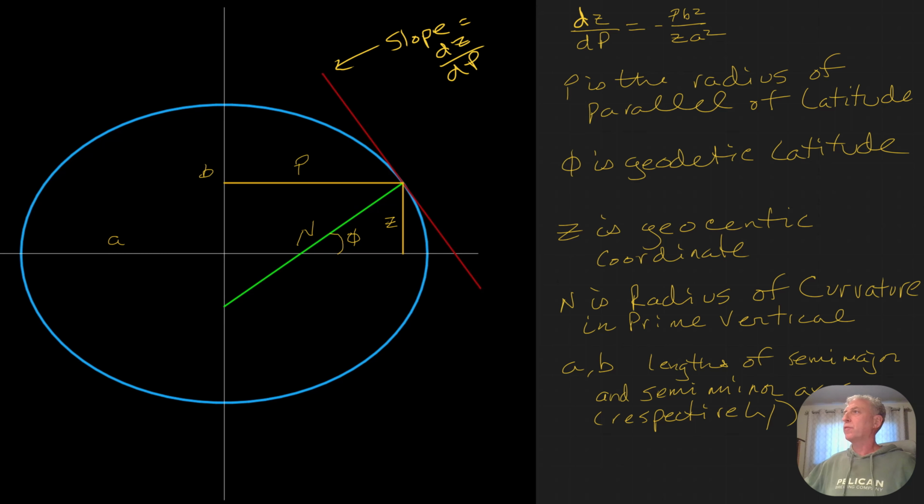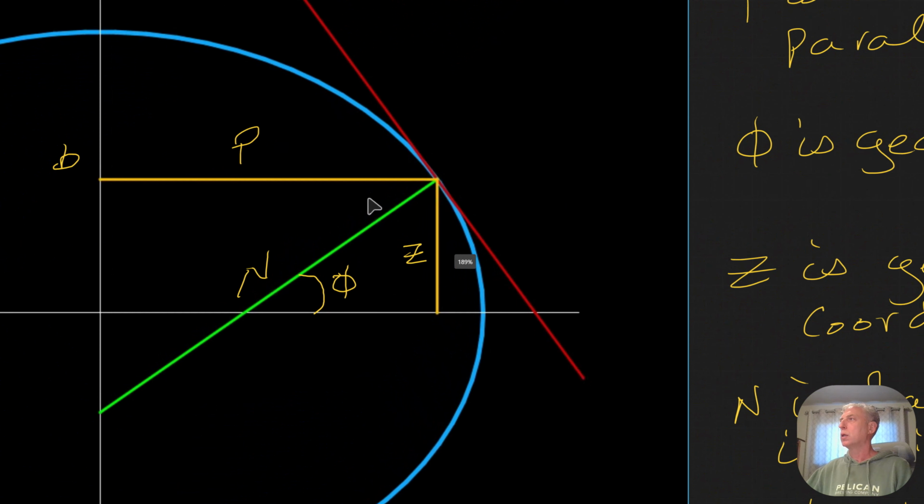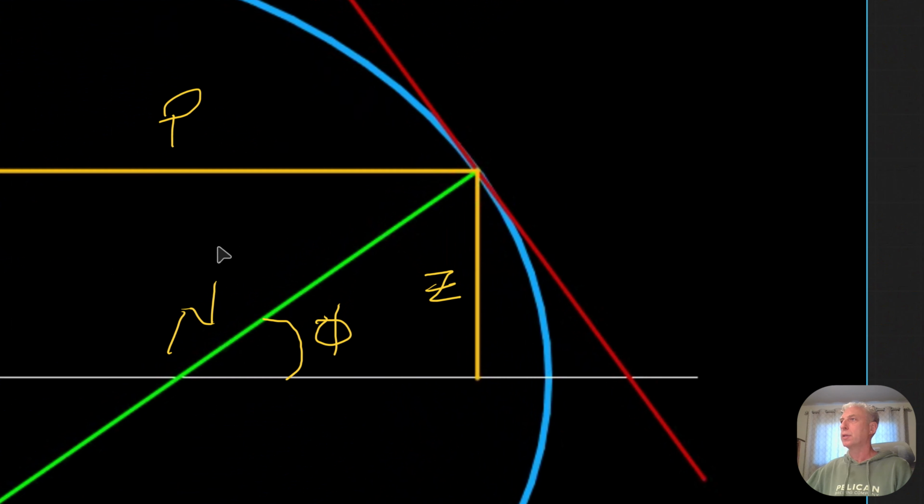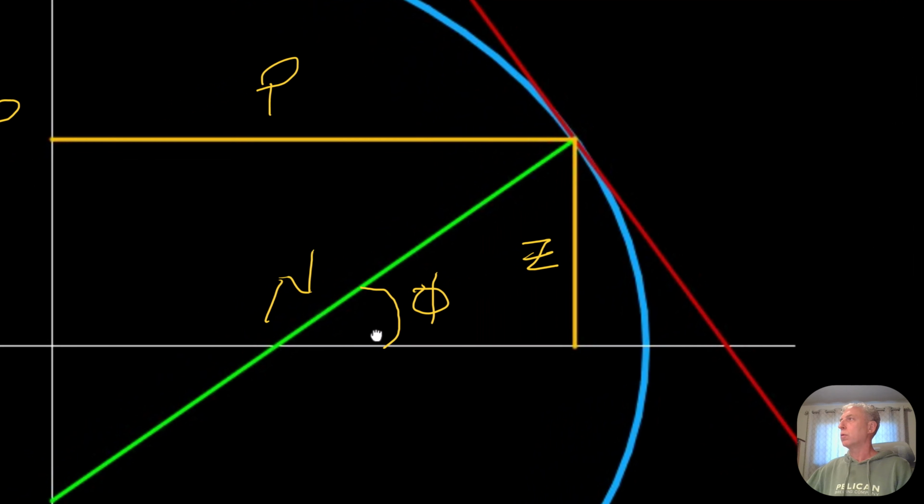So let's label a few more of our angles on our diagram, and let's do that using basic principles of right triangles. Remember, we have a lot of right triangles here. I'm going to zoom in because it's going to be easier to depict these things. On our diagram, we have our phi there, and obviously this angle would be 90 minus phi.